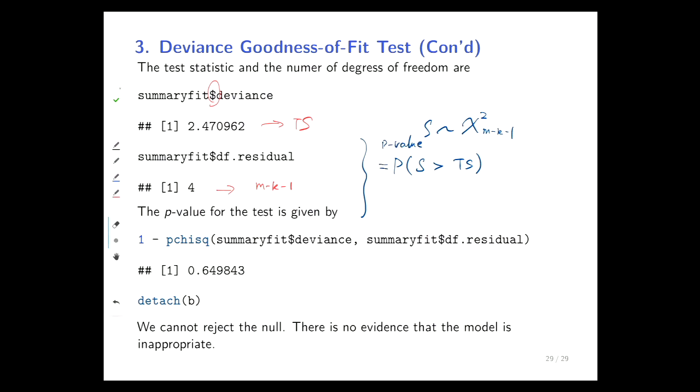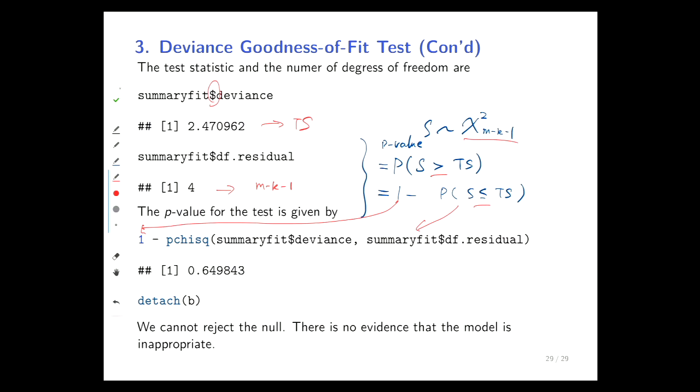But in order to compute it, basically we need to use R. And when we use R, it's usually easier to obtain the probability that is smaller or equal to, instead of the larger one. So by using this formula, we put 1 minus the probability that the chi-square distribution is smaller or equal to the test statistic.